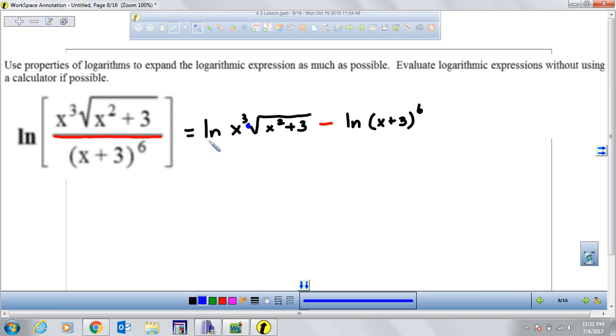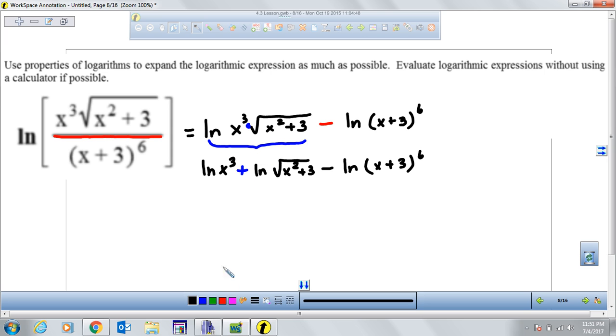So we're going to use the product rule to expand this one. The log of m times n equals the log of m plus the log of n, which is going to be written like this. And then we put the other one, which is minus the log of x plus 3 to the 6th power.